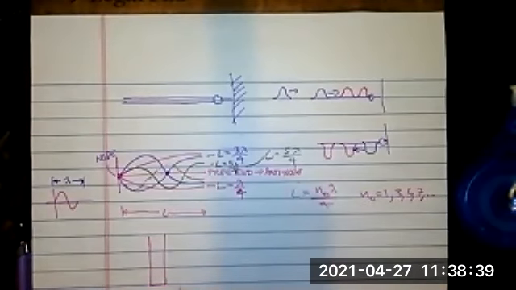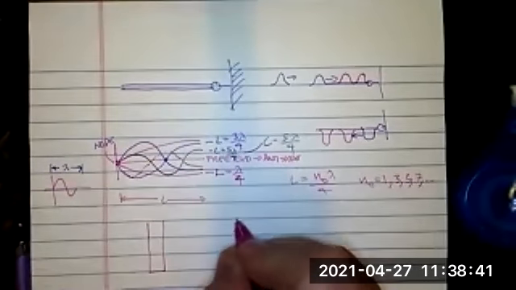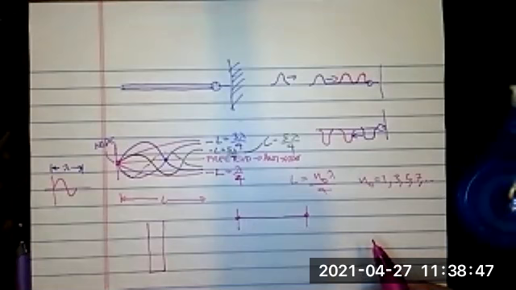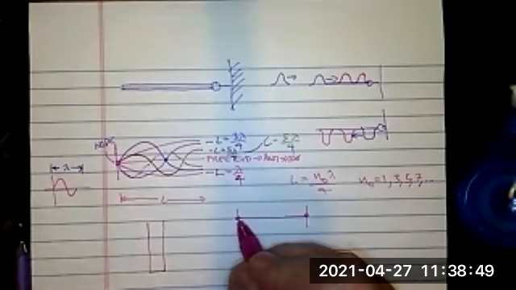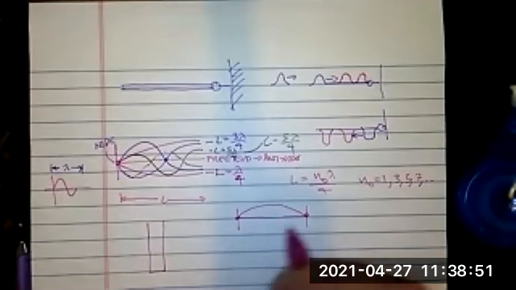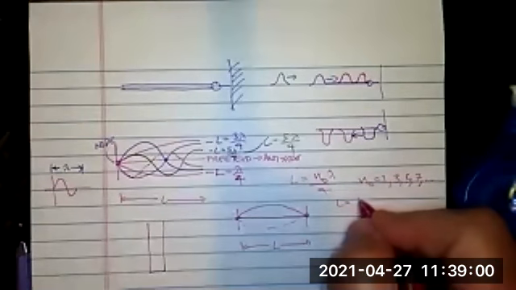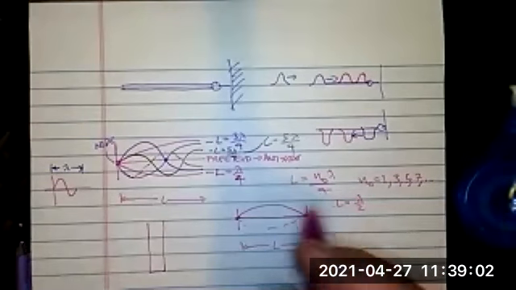If you had another scenario though, let's say you had a wall and another wall, so the ends are actually both nodes, then you can get this one. This is L again. You get L is equal to, in this case, lambda over 2.